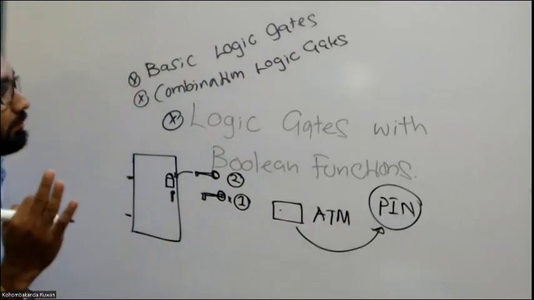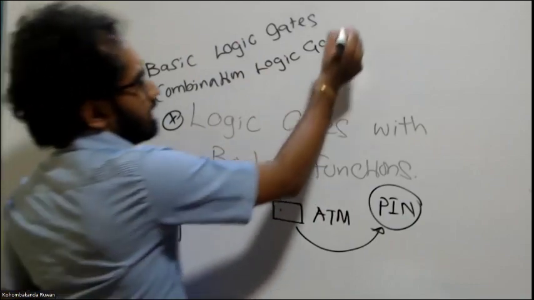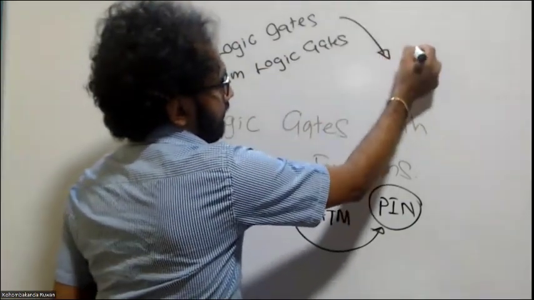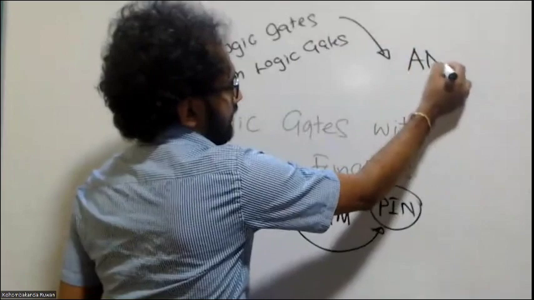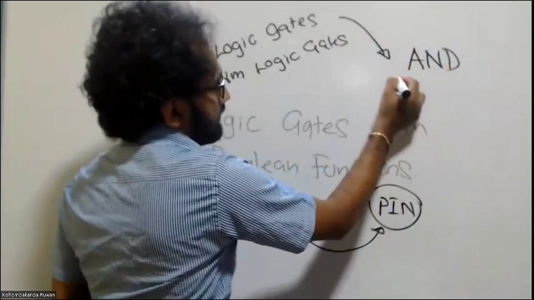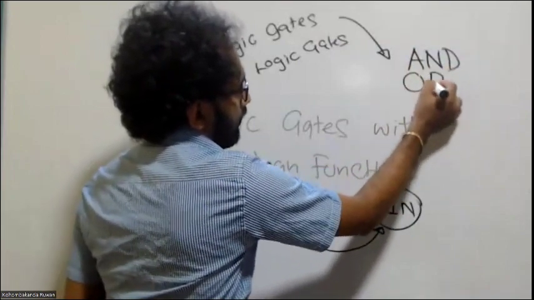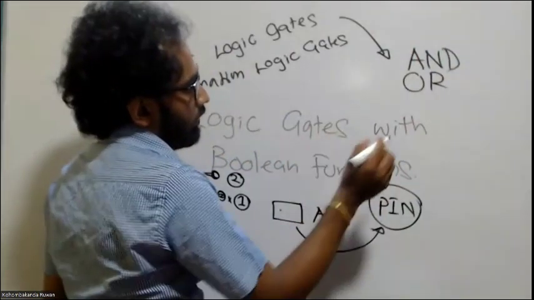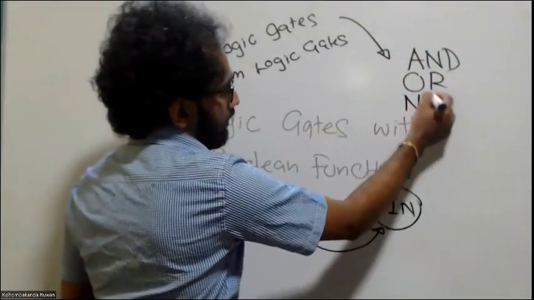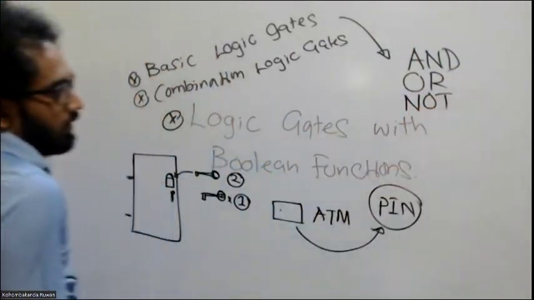There are three basic logic gates. First one is the AND logic gate. Second one is the OR logic gate. Third one is the NOT logic gate.